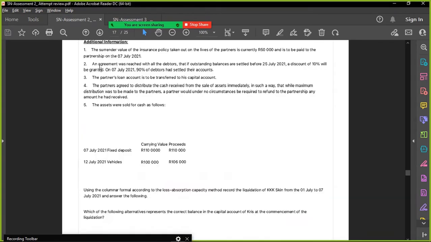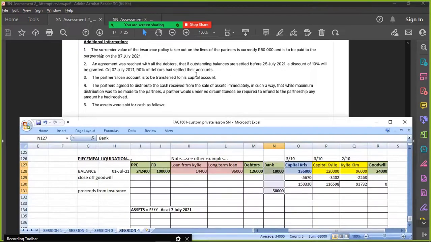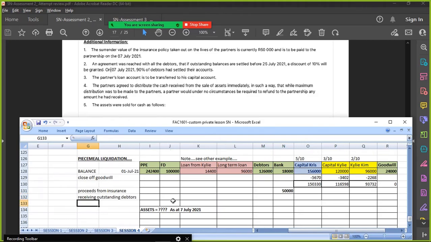All right, next. The agreement was reached with all the debtors that if outstanding balances are settled before 21st July, a discount. Okay, so we spoke about this, and this happened on the 7th July, so I have to take that into consideration. So receiving outstanding debtors. When I receive outstanding debtors, they said 90% of the debtors settled their account.